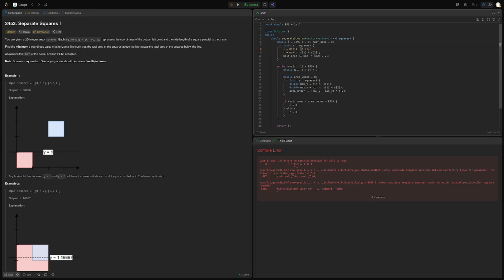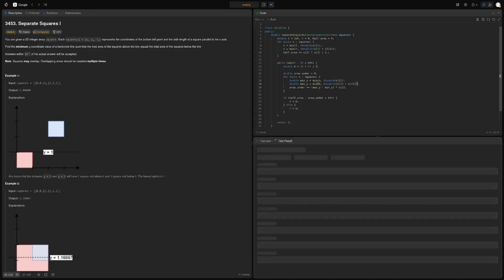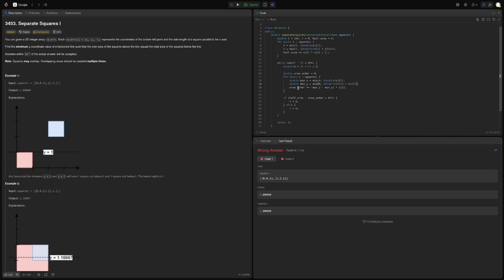Interesting. Double this, double that, nice. Double, okay. Double this, double that. Not great. So and area under half area.